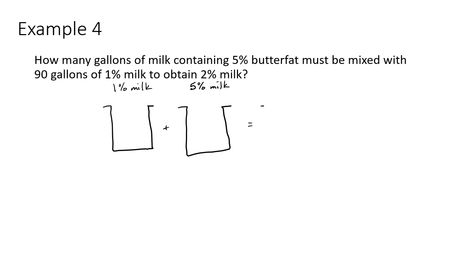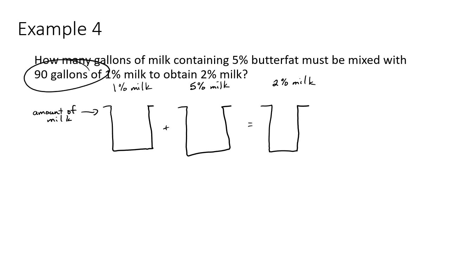What we hope to get out of that, the final mixture, is 2% milk. In the top row, I'm just going to put amount of milk. And keep in mind that your variable is going to show up in here somewhere. For 1% milk, we know we have 90 gallons.